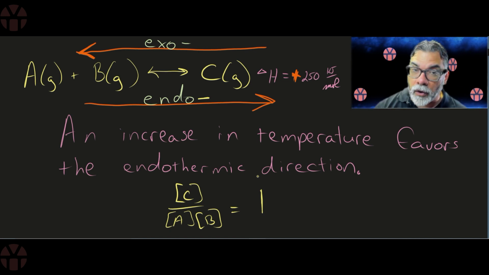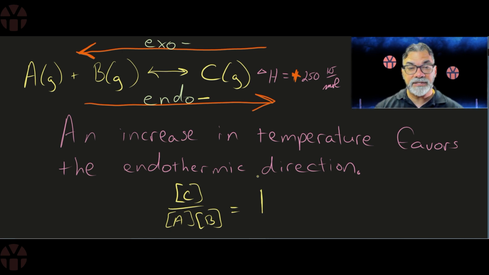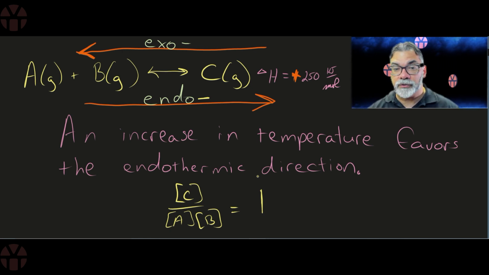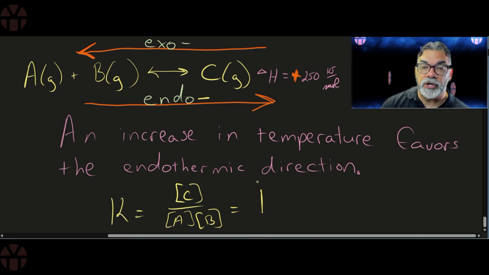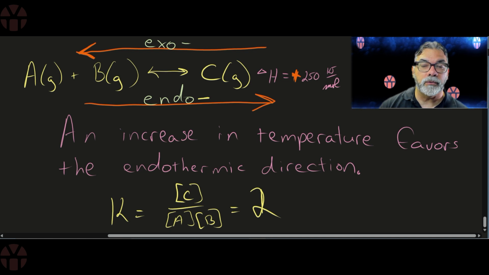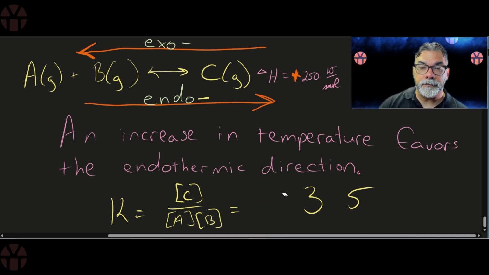But now, with a change in temperature, if you increase the temperature and that favors the endothermic direction, my new value of K is going to change, and it could become 2, or 3, or 5, etc.